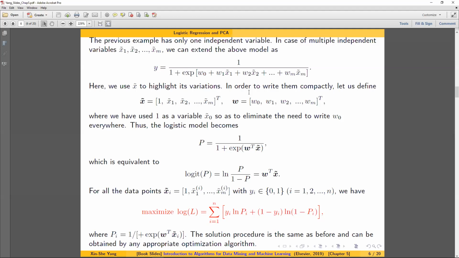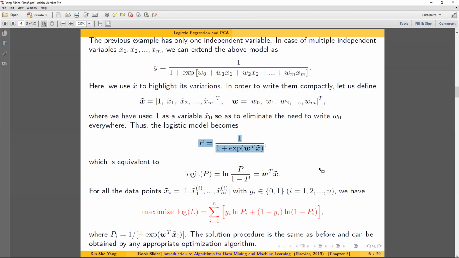And w is the column vector w0, w1, and so on. So if we use W transpose times x tilde, we get this equivalent form, so that we can write the original function more compactly.